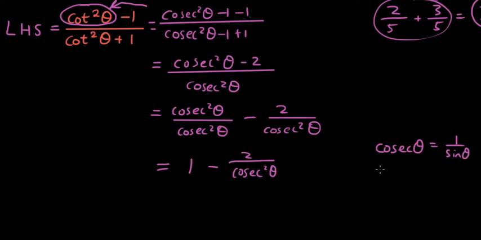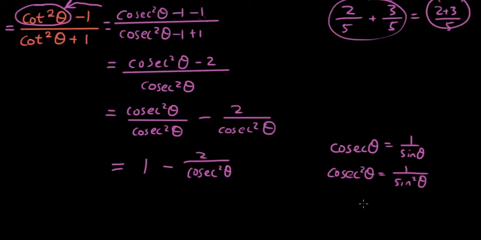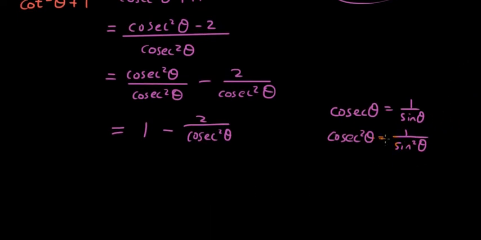If we square both sides, we get cosec squared theta equals 1 over sine squared theta. And if we take the reciprocal of both sides, flipping both fractions upside down, we have 1 over cosec squared theta equals sine squared theta.